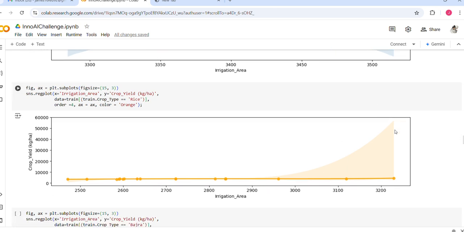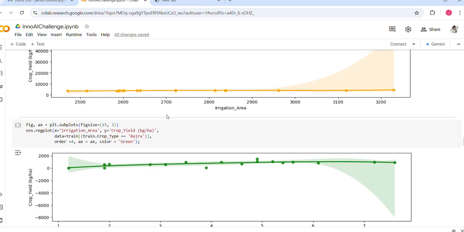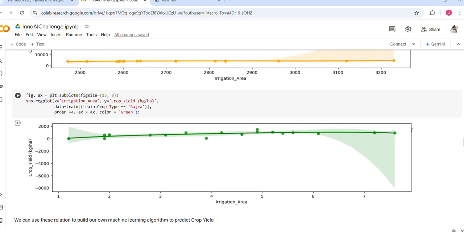We can even ignore the confidence intervals and extract the perfect curve data from the given polynomial equation.